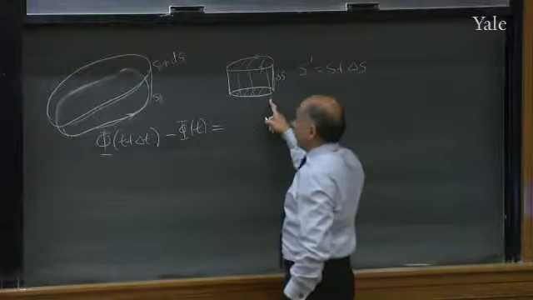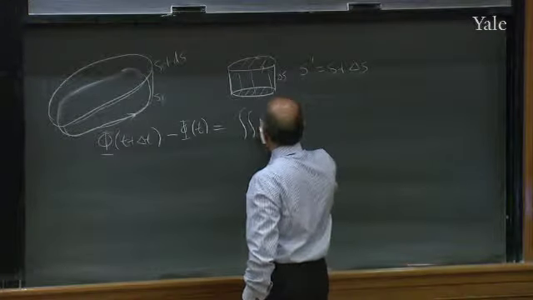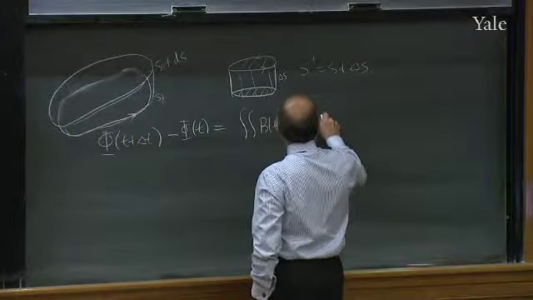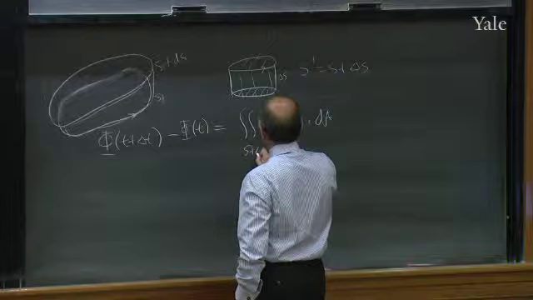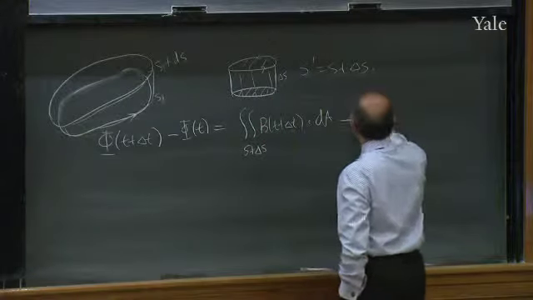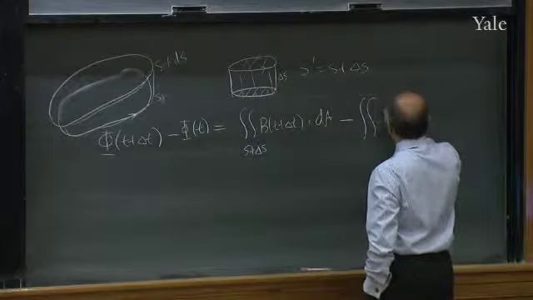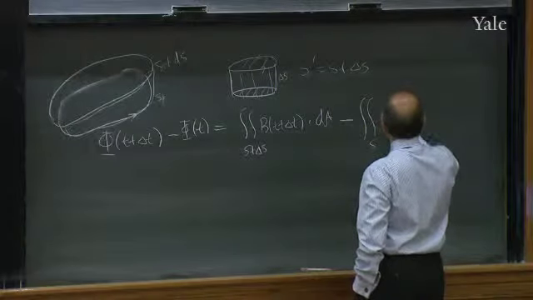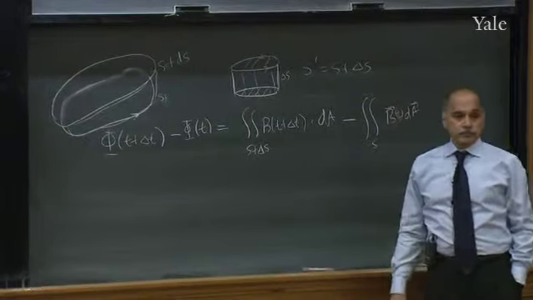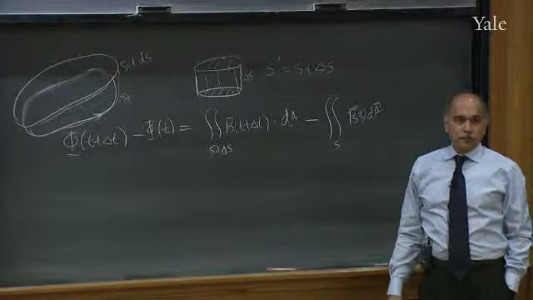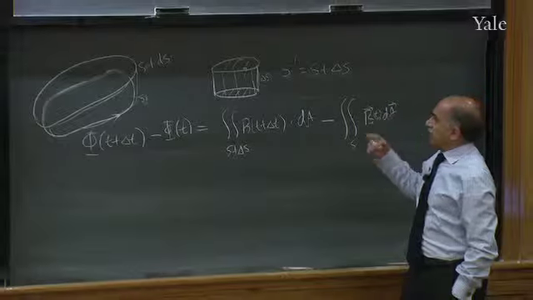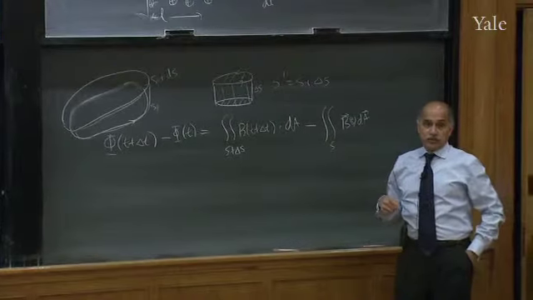Okay, so therefore, I want the magnetic field B at t plus delta t on the surface S plus delta S, minus the integral of the magnetic field B dot dA on the old surface at time t. This part is quite subtle, and it took me a while when I first learned it to understand what the point was.